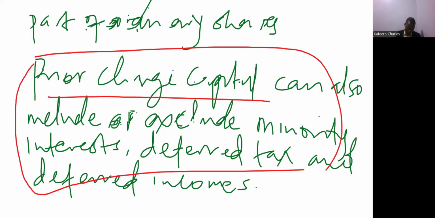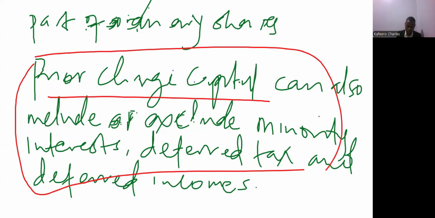So we should exclude things to do with minority interest. Minority interest is from the control perspective, where an organization has some level of control in the other.